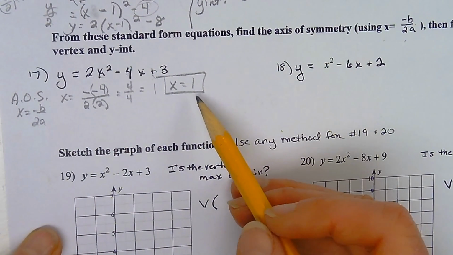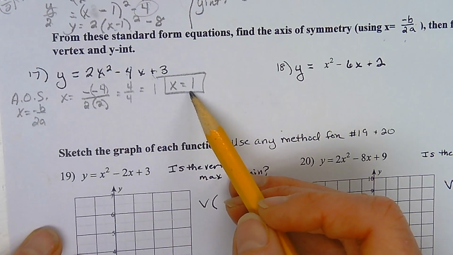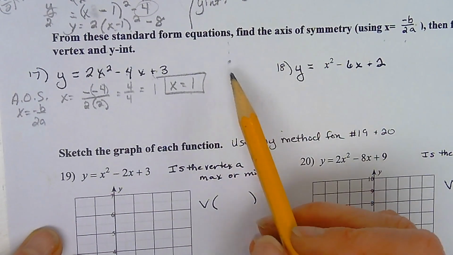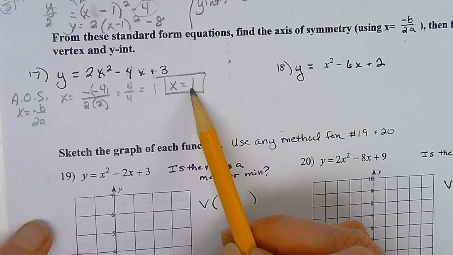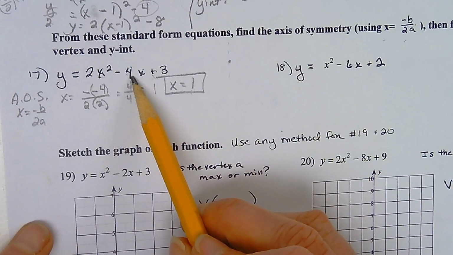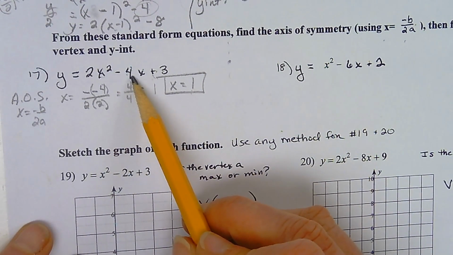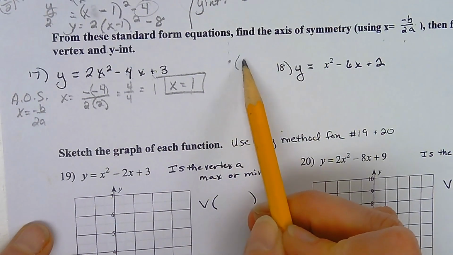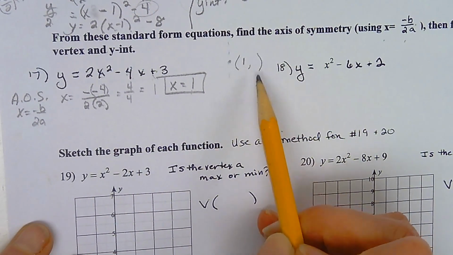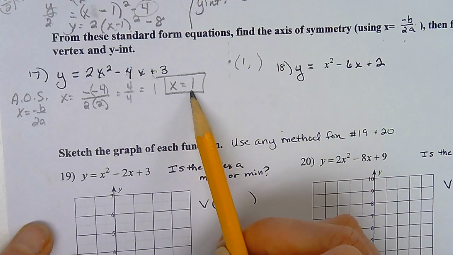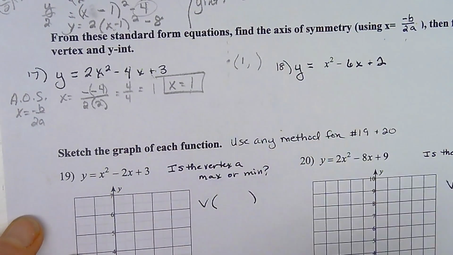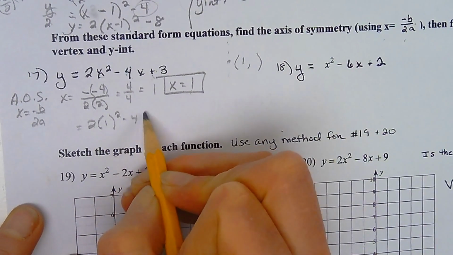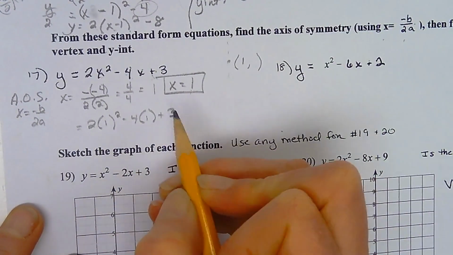And then from the axis of symmetry, we can find the vertex. Remember, the axis of symmetry goes right through the vertex. So if we put this value of 1 into the equation, we'll get a y value, and that will be the y value of the vertex. So the x value of the vertex is 1. What is the y value? So we'll take the axis of symmetry value and put it into our equation: 2 times 1 squared minus 4 times 1 plus 3.